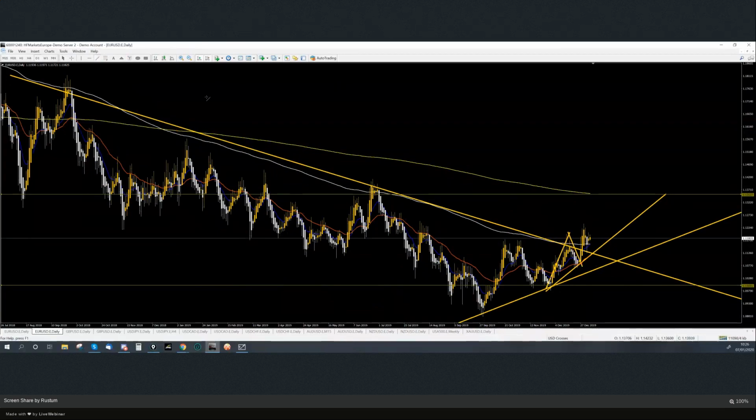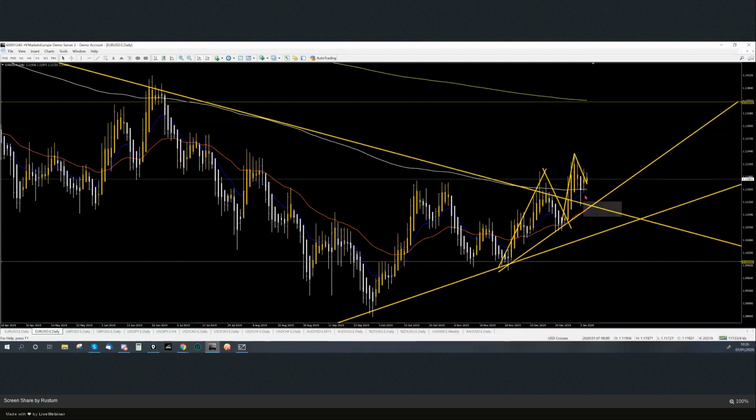Then we have another break here and a pullback. And in this case, we have our pullback on our 12 period moving average. So you were interested in a long, so you got back in long here again.